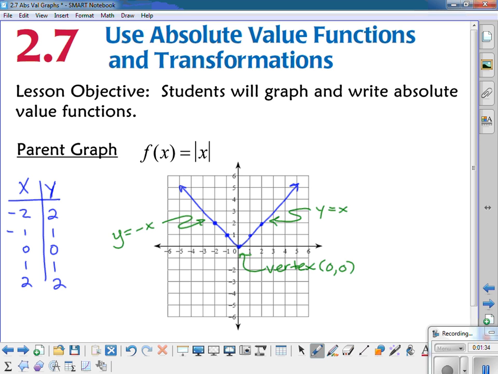And so the basic graph, the slope of the right side is just 1, right? And the slope of the other side is -1. So when we're graphing this basic one, the slope is just going to be 1 and -1, as long as there's nothing in front of that.